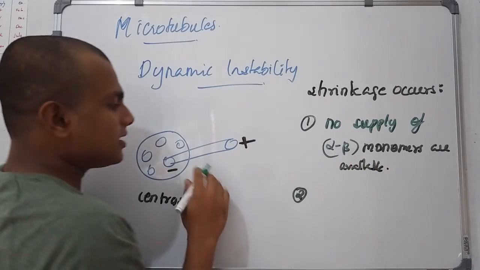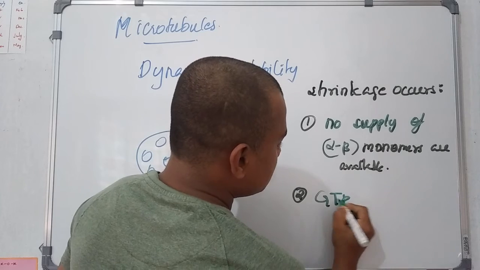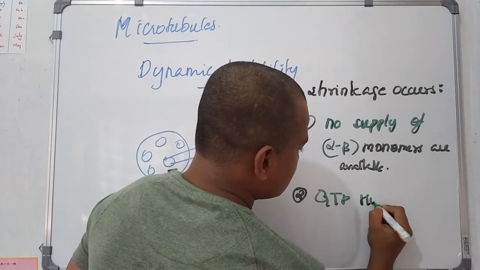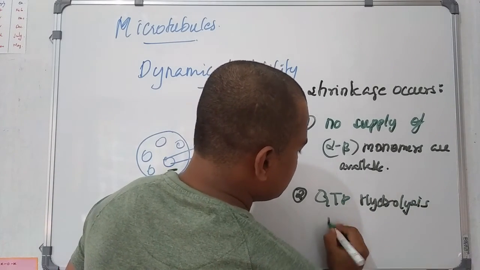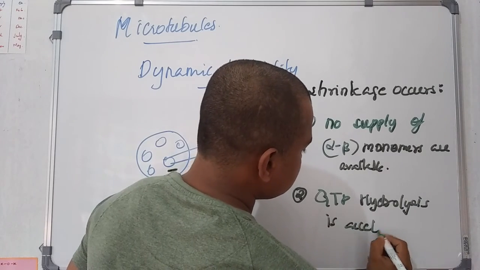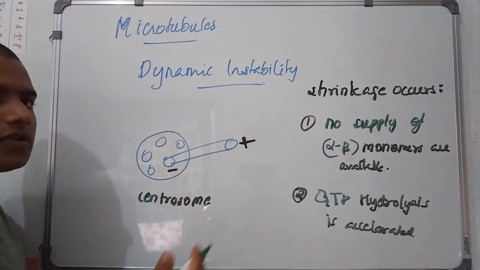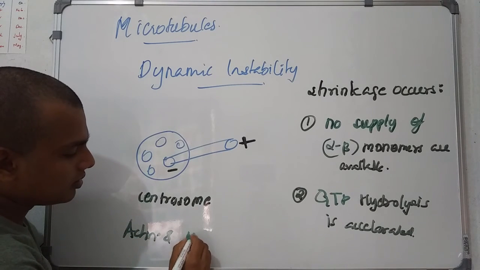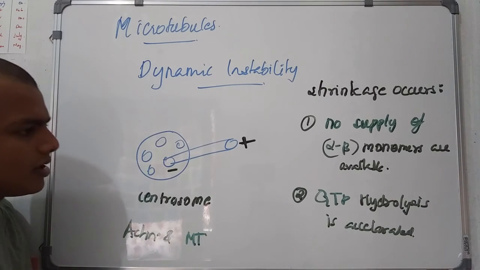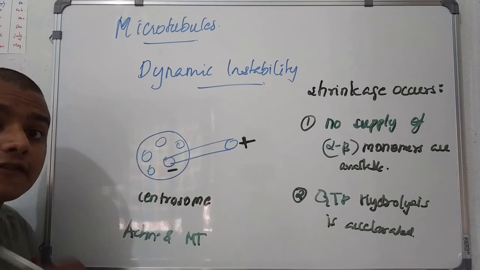The second case when shrinkage occurs is when GTP hydrolysis is accelerated. We know that in both actin filaments and microtubules, hydrolysis occurs only a while after polymerization.